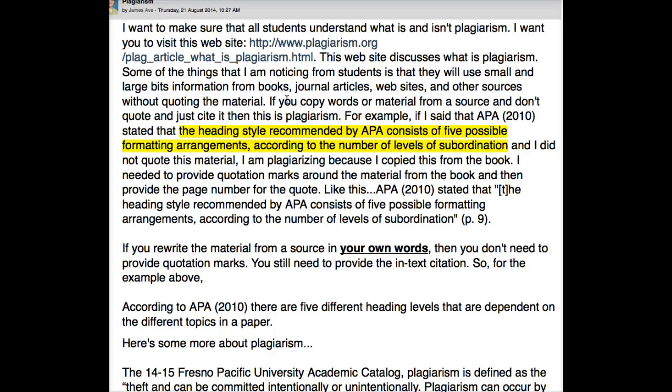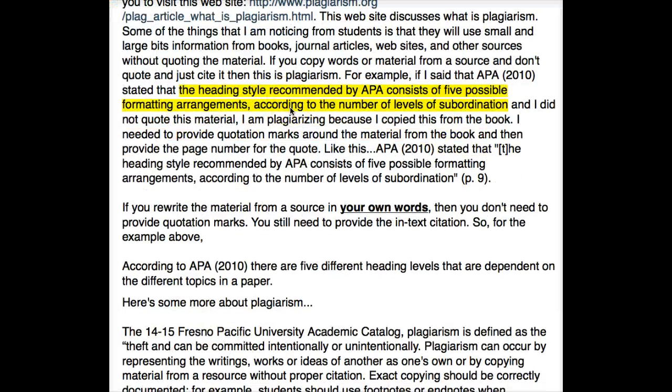For example, if I said that APA 2010 stated that the heading style recommended by APA consists of 5 possible formatting arrangements according to the number of levels of subordination, and I did not quote this material, I am plagiarizing because I copied this from the book.